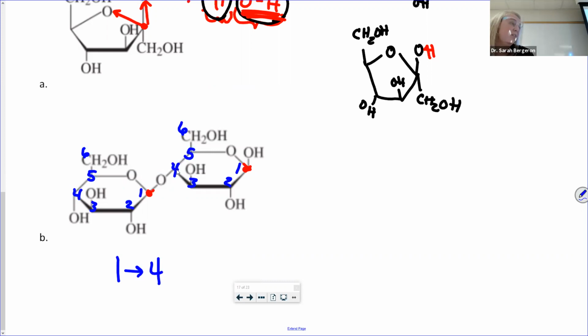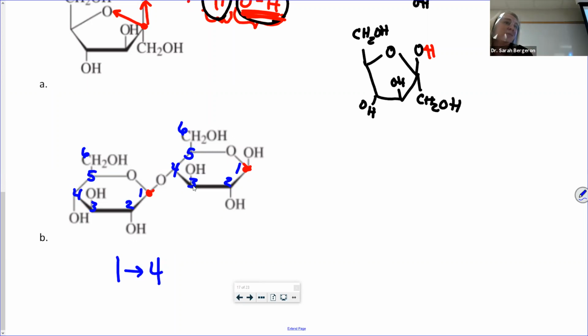So this carbon is only bound to 1 carbon. Yes, the OH here is bound to carbon number 3. So it's all about finding the one that's bound to 2 oxygens, that was the one that was in the carbonyl bond. And so you have to start your numbering up there.